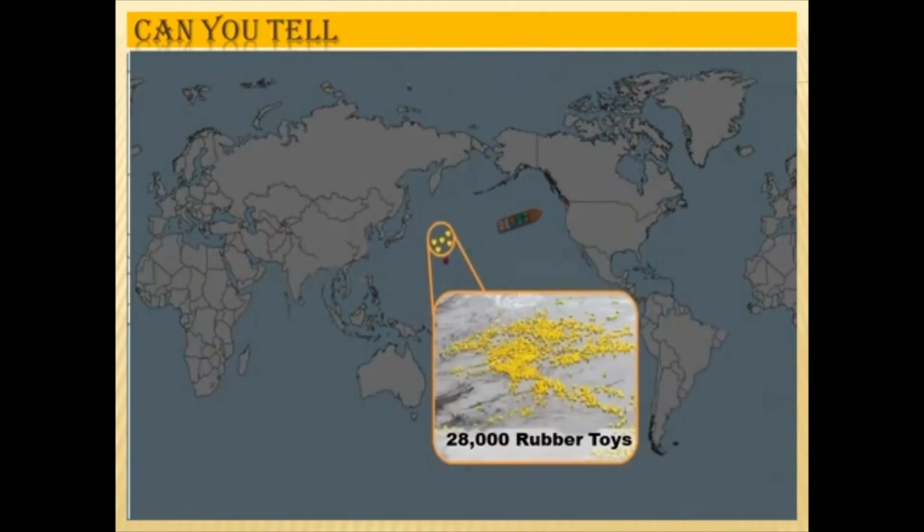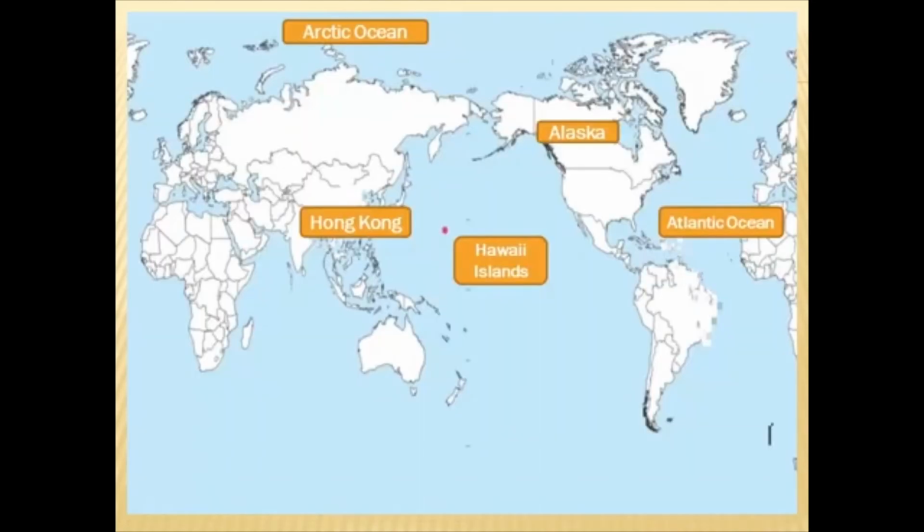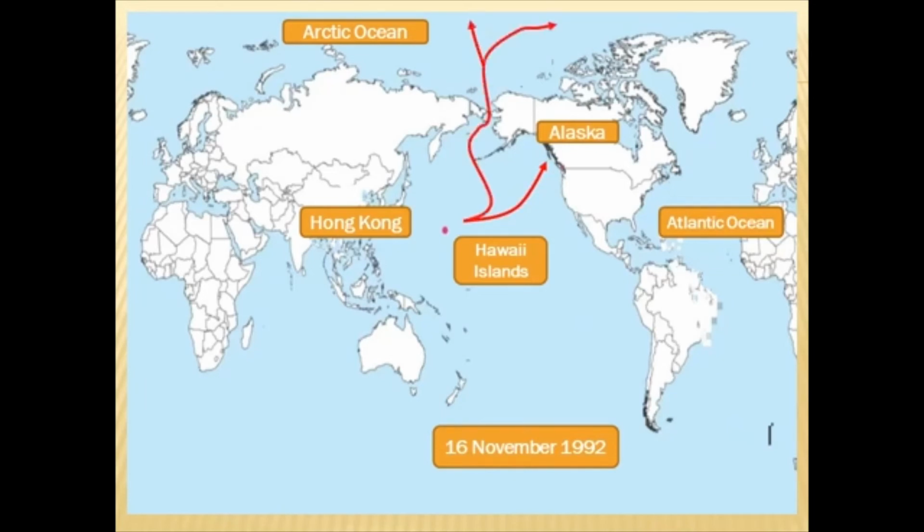This incident occurred on 10th January 1992. A strange thing happened after around 10 months, on 16th November 1992. Some of these toys reached the coast of Alaska. Some of them crossed the Bering Strait and moved up to the Arctic Ocean by the year 2000.